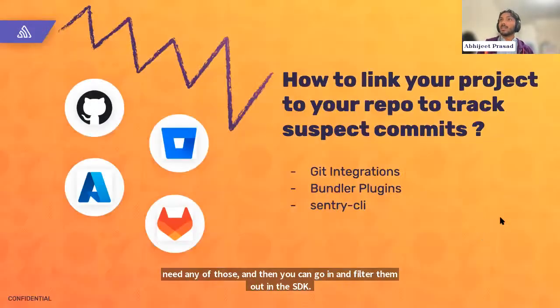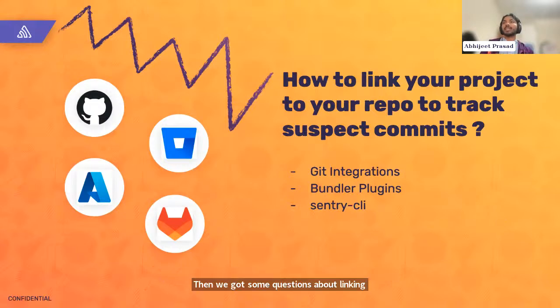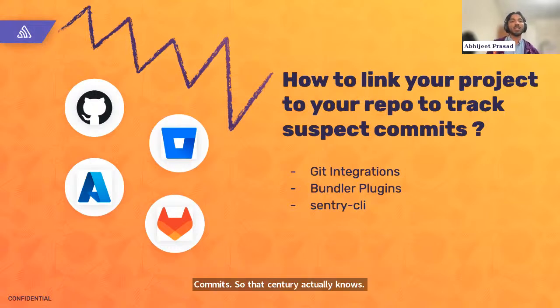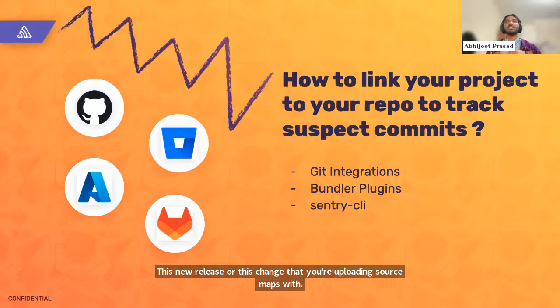Then we got some questions about linking your project to your Git repo to do source code integrations, but also to have suspect commits. If you are sending releases and uploading source maps with something like the bundler plugins or with Sentry CLI and there's Git active, you can also set up the ability to upload commits so that Sentry actually knows, hey, this new release or this change that you're uploading source maps with is associated to these commits.